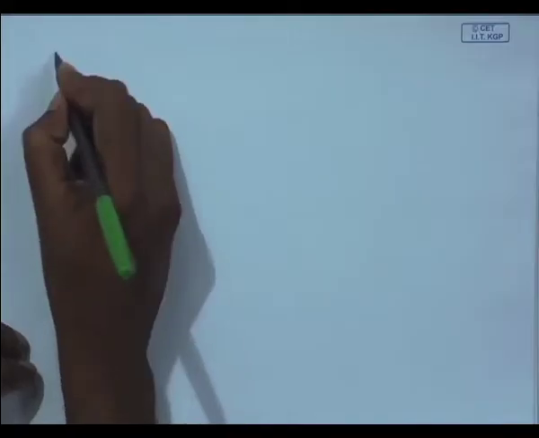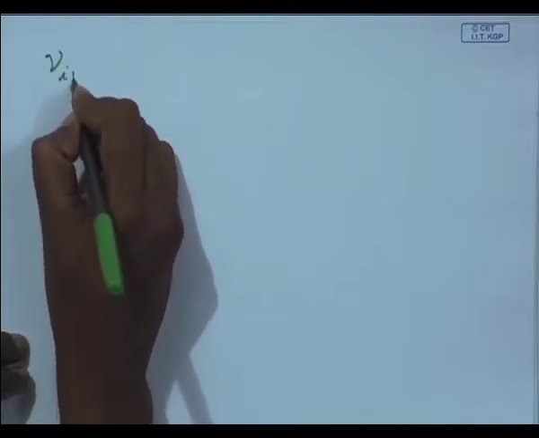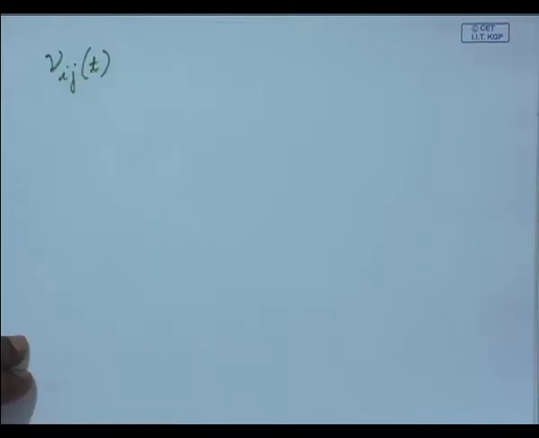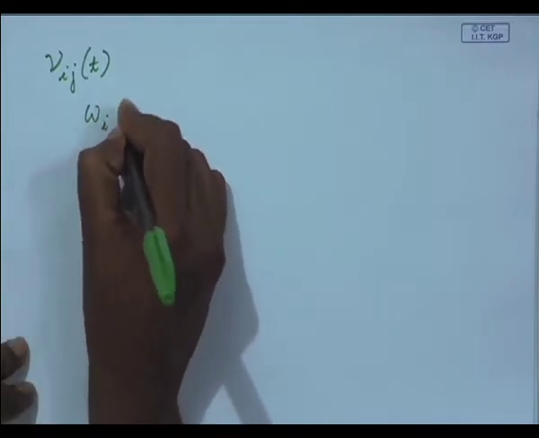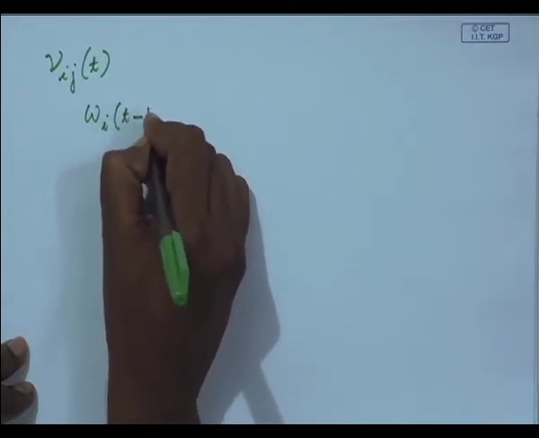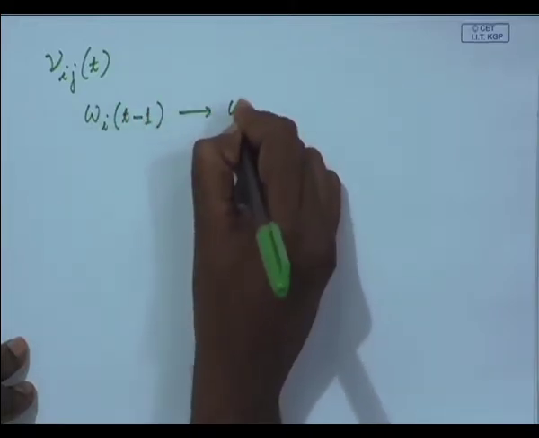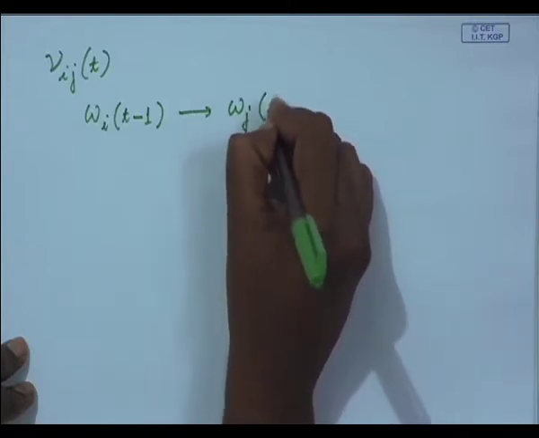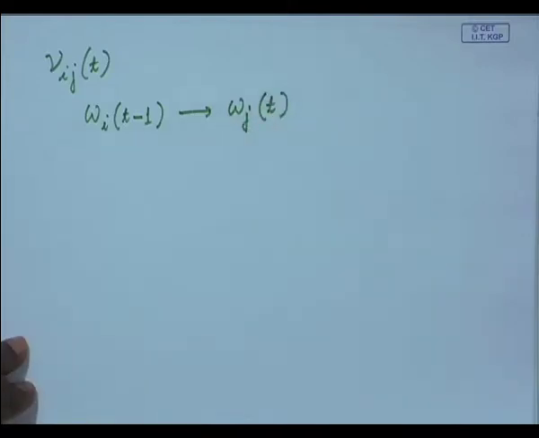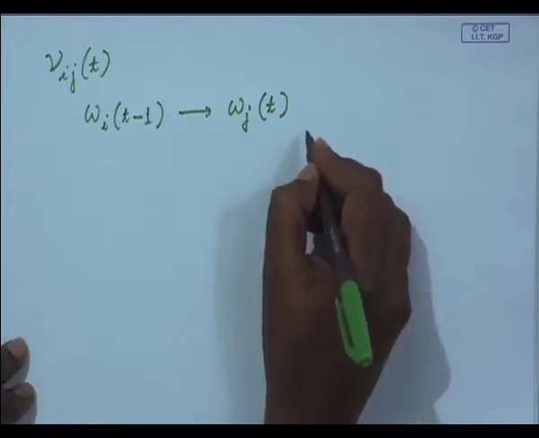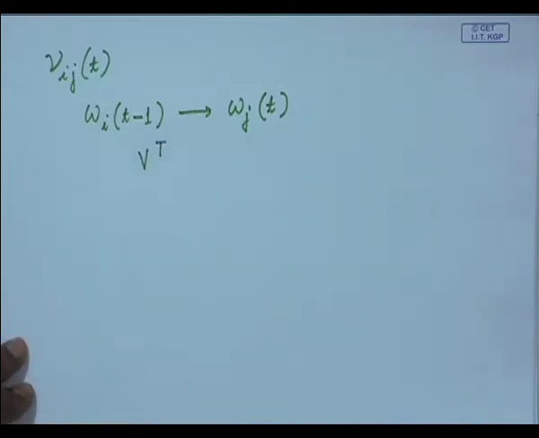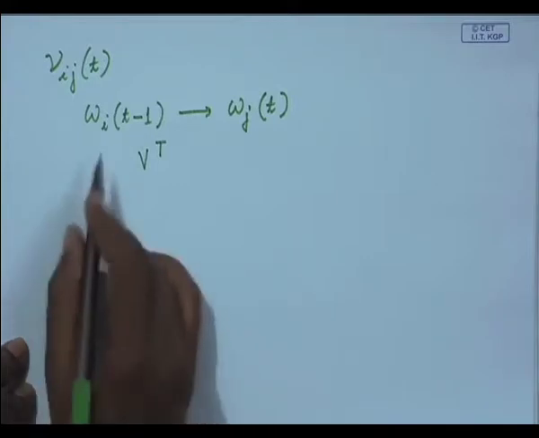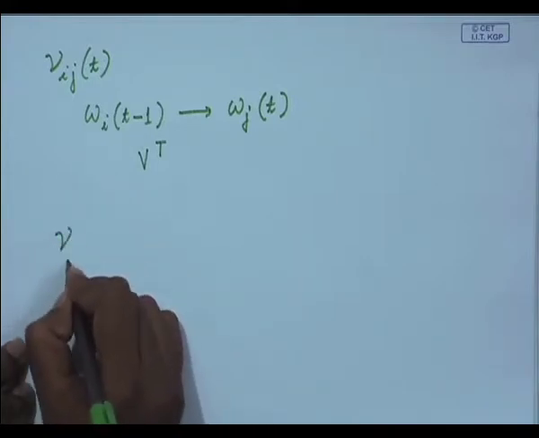So, I define gamma i j t, that is the probability of transition from state omega i at time step t minus 1 to state omega j at time step t. I define this, and this is defined for a particular training sequence, say V t.